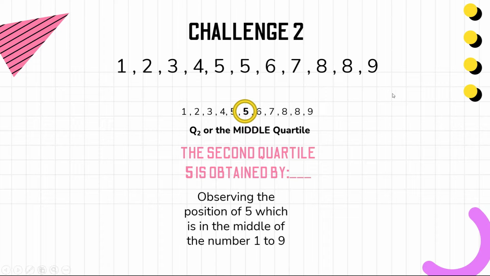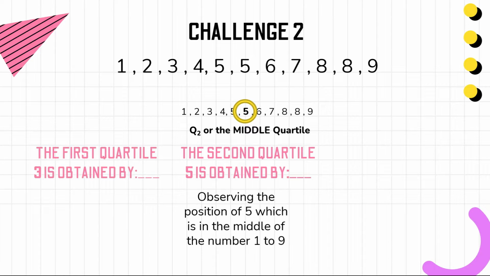Now, since we identified our Q2, the remaining quartiles, the lower quartile and the upper quartile, are located on the 2 sides of our middle quartile. So let's start with the next one, which is our first quartile, that is 3. How do we obtain 3?